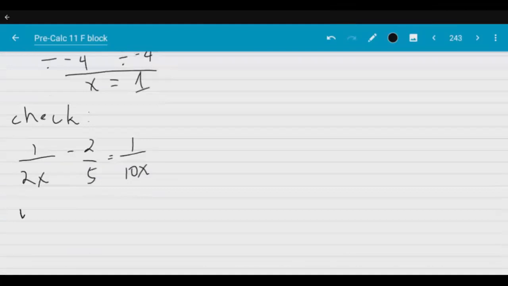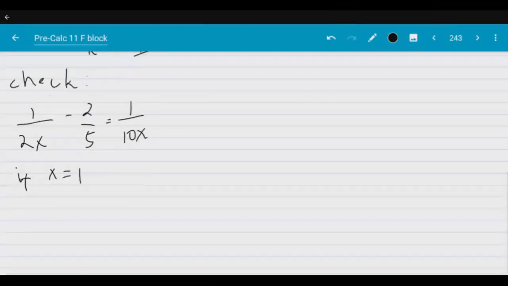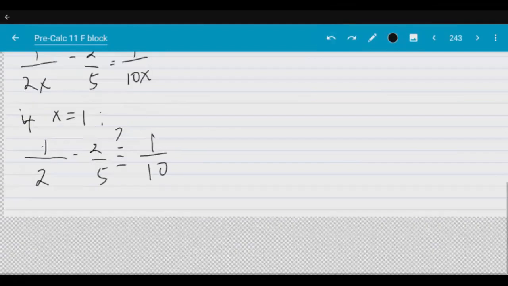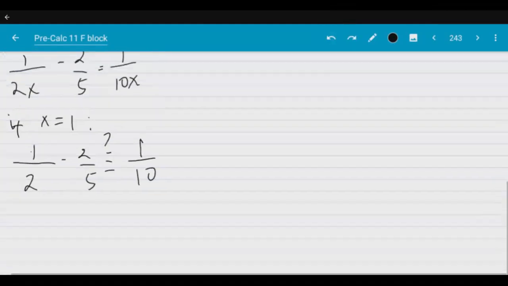So if x is equal to 1, let's see what's going to happen. This x is replaced by 1. It becomes 1 over 2 minus 2 over 5. Is that equal to 1 over 10? This x was replaced by 1 multiplied by 10. 1/2 minus 2/5, so the common denominator would be 10.